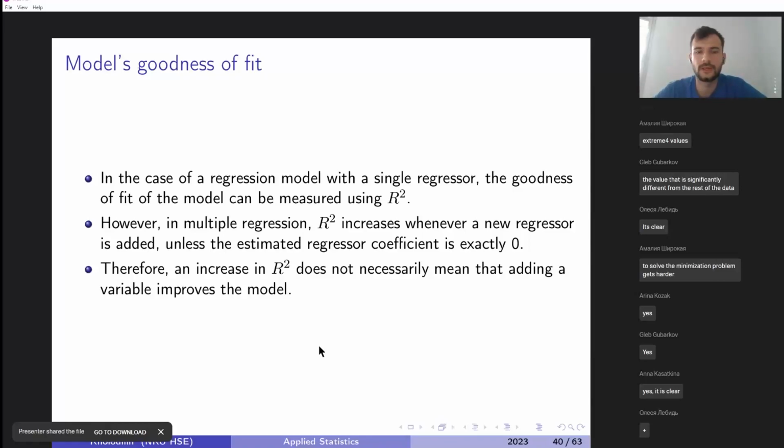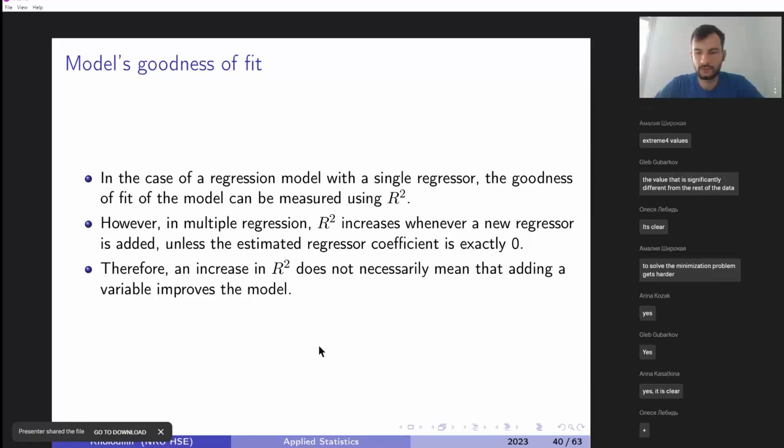Now we want to think about how we have to deal with R squared in the case of multiple regressors. Firstly, R will increase just because you add regressors, because you can get some different effects which are not necessarily explained by exactly these parameters, but because you have the freedom of, for example, 2 variables instead of 1, you can just increase your R because of a different structure.